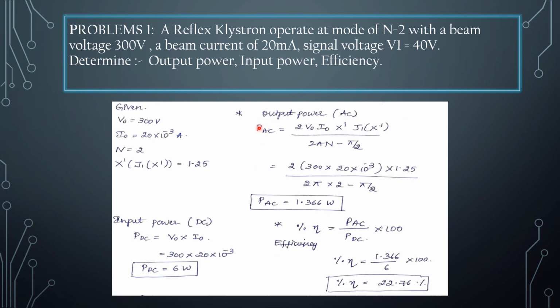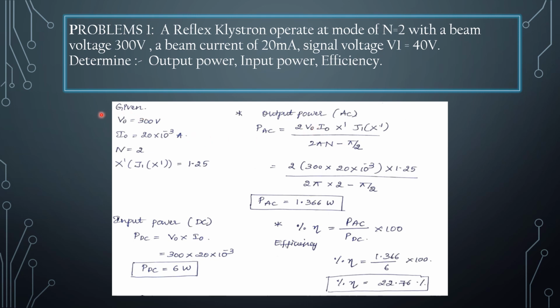As we know, the reflex klystron will give the output as power of an AC current. So the power of an AC current is defined as the ratio of 2 into V0 into I0 into x bar of J1 of x bar, divided by 2 pi n minus pi by 2.